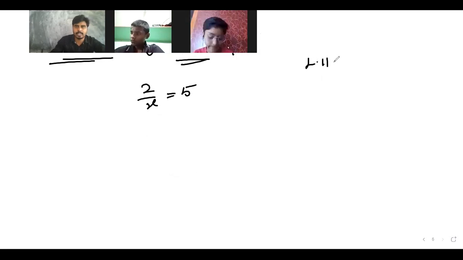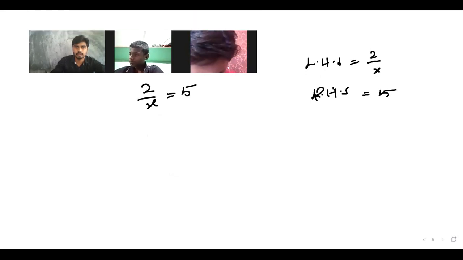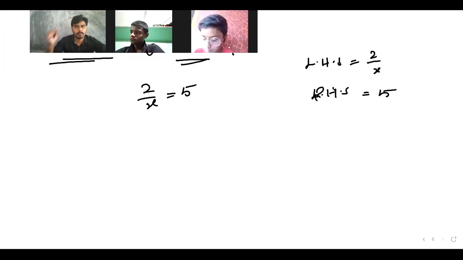So what is LHS? 2 by x. What is RHS? Okay. LHS is equals to 2 by x, RHS is equals to 5.